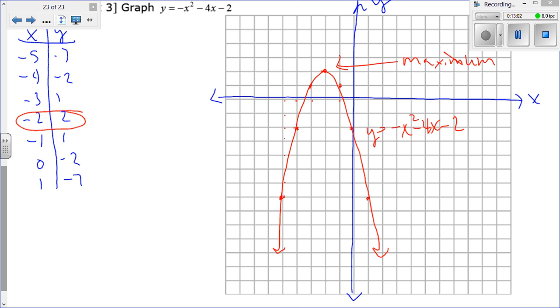And to find the discriminant here, b is -4, so -4 squared is 16, minus 4 times a is -1 times c is -2. So it becomes 16 minus 8, not plus.